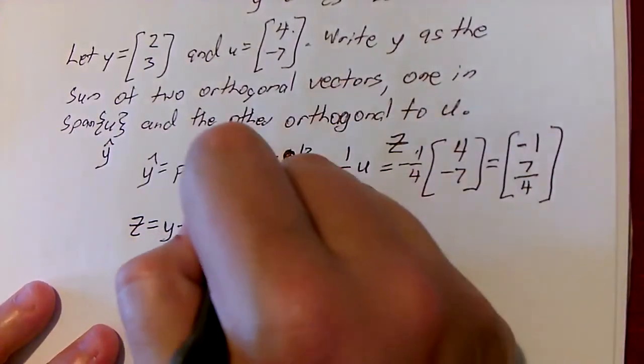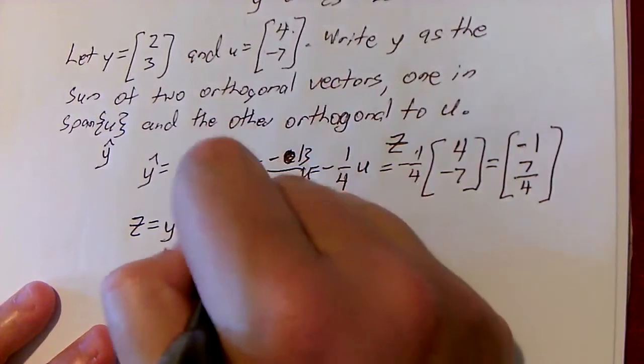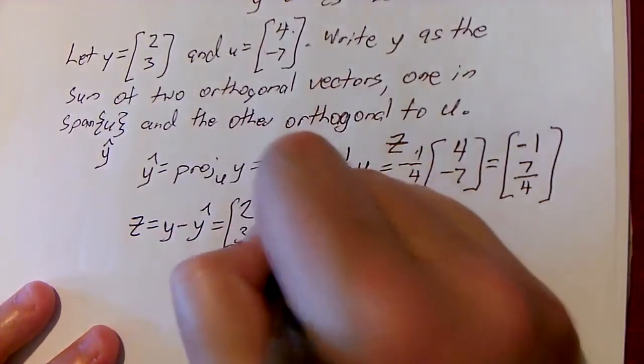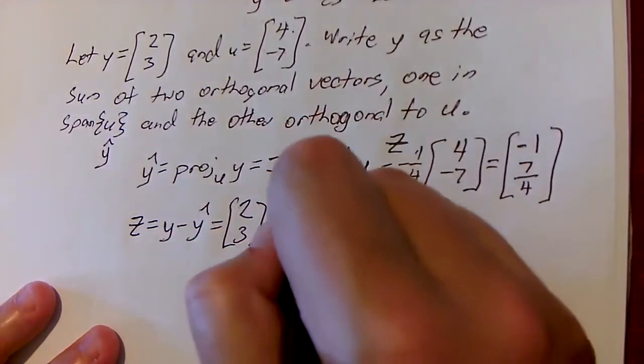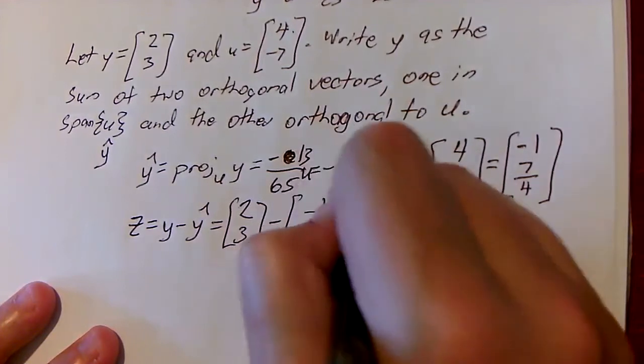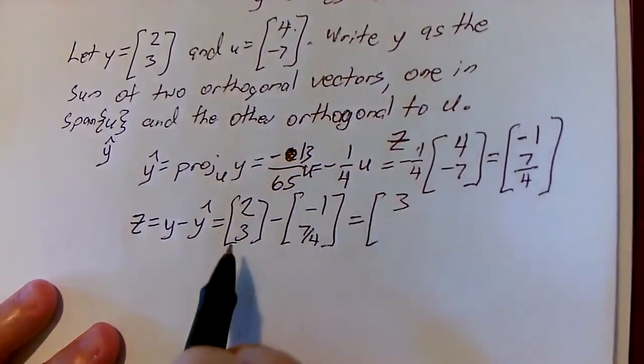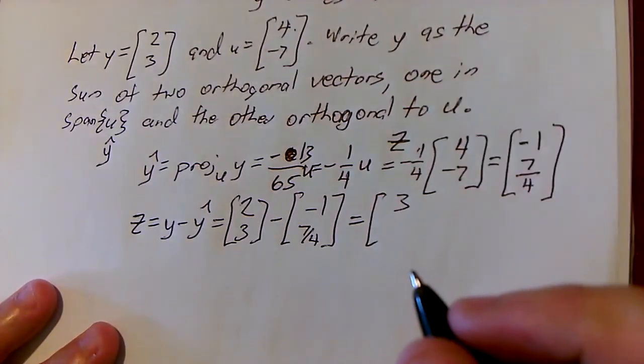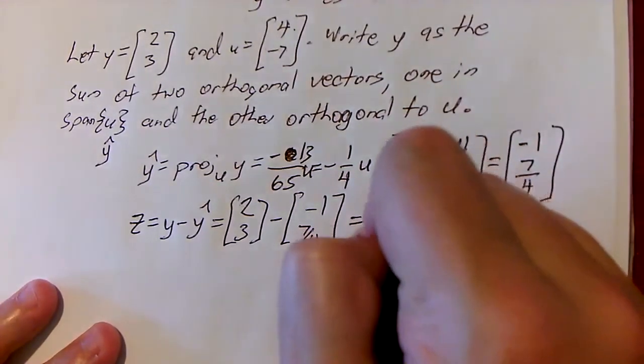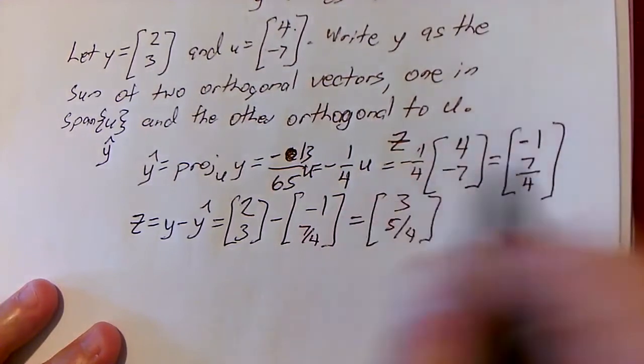So y is 2, 3. And we're going to subtract y hat, which is negative 1 and 7/4. So 2 plus 1, that's 3. 3 minus 7/4, well, 3 is 12/4. So 12 minus 7/4 is 5/4.